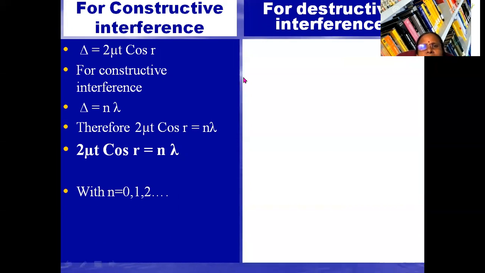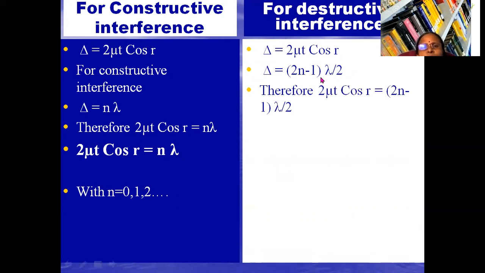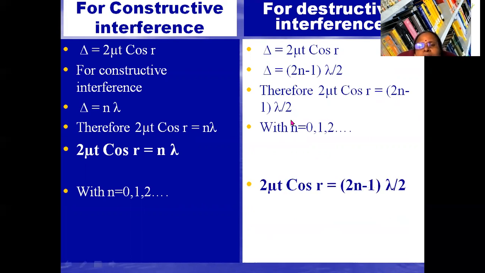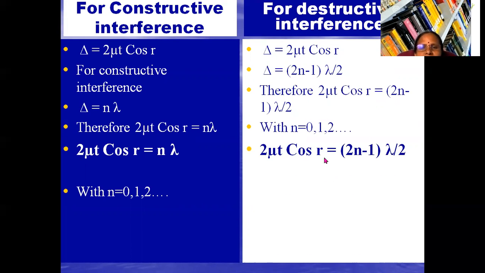For destructive interference, again 2 mu t cos r is the path difference, and that should be equal to 2n minus 1 lambda by 2. This is the final condition for destructive interference, or film to appear dark, in case of transmitted light.